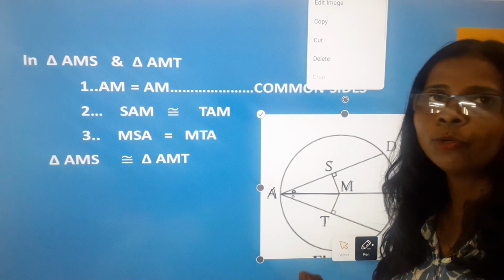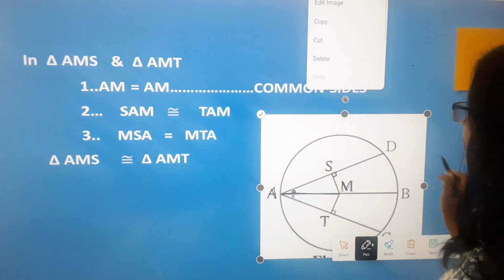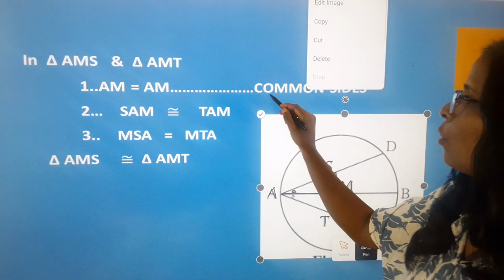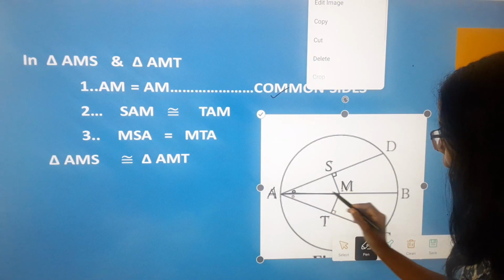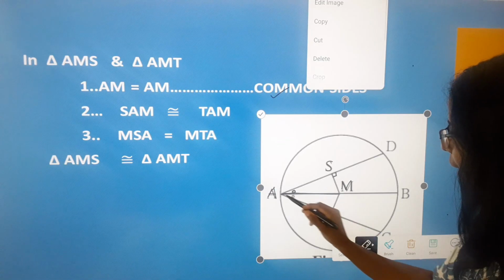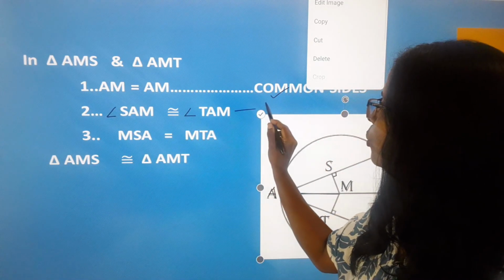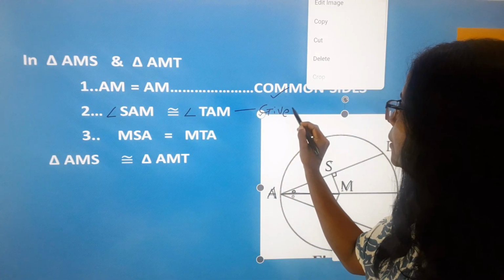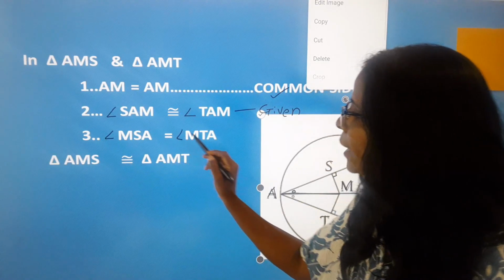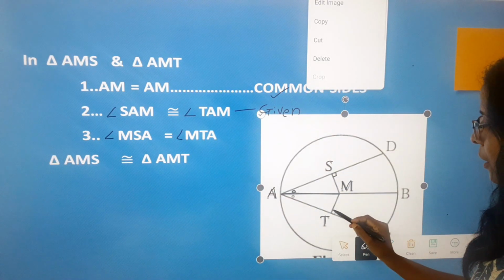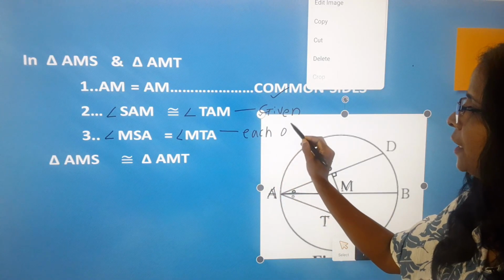Side AM is congruent to side AM because these are common sides. Second, angle SAM is congruent to angle TAM because it is given. And third, angle MSA is equal to angle MTA, that means these angles are each 90 degrees.